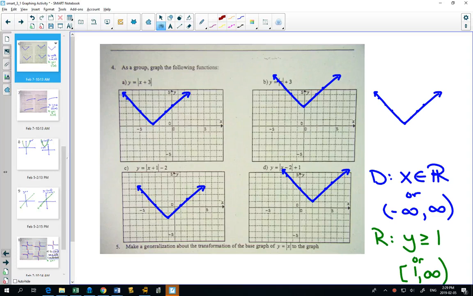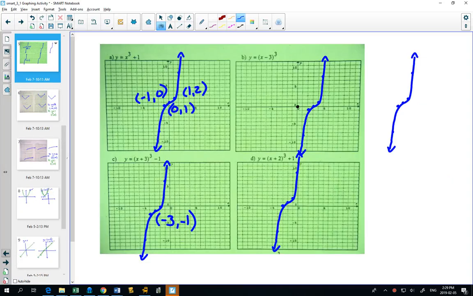And finally, our x cubed graph. You can cube any number, so the domain is everything. This graph goes up forever and down forever.